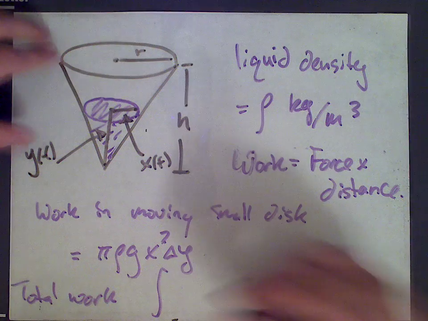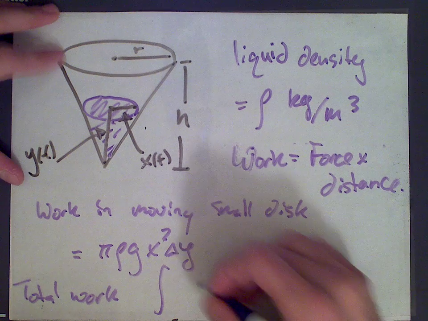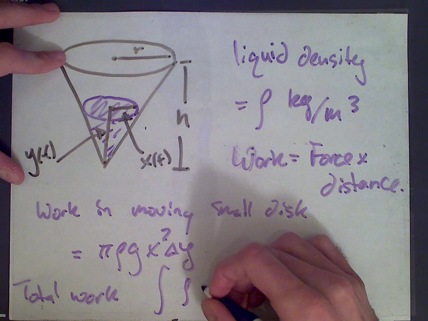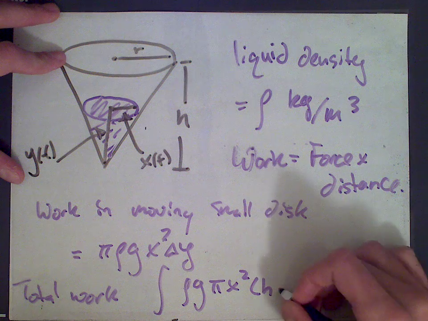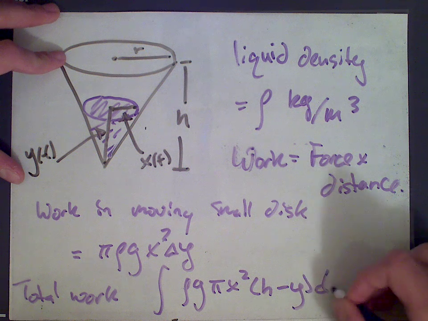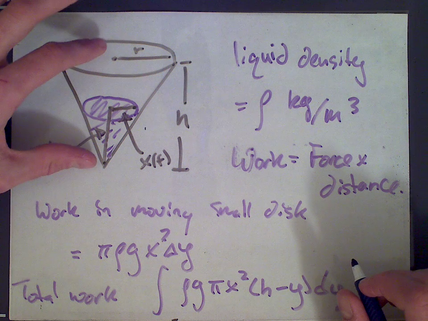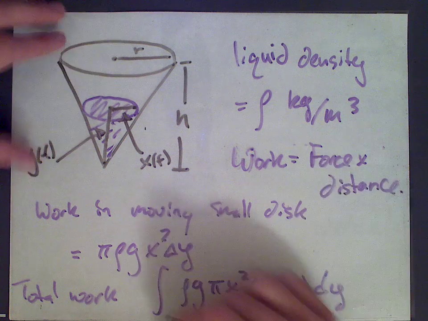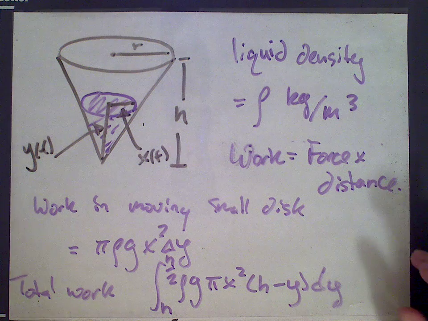What distance are we moving? We already saw that was h minus y. So we integrate rho g pi x squared times h minus y dy, from h, when it's completely filled, to h over 2, when it's halfway filled. That's the integral.